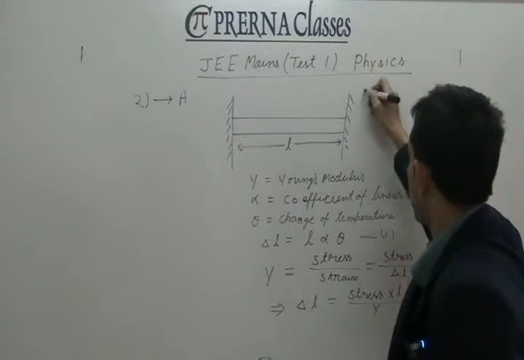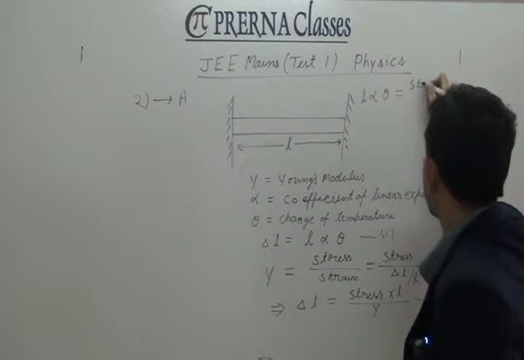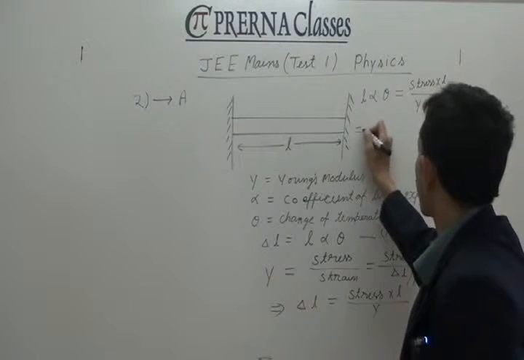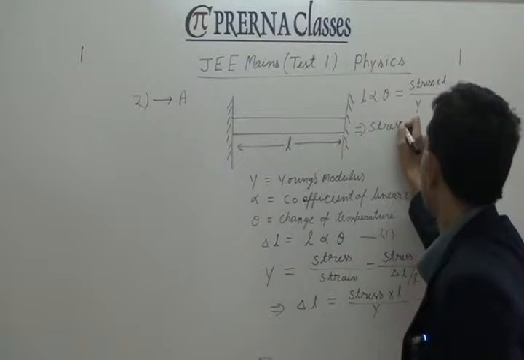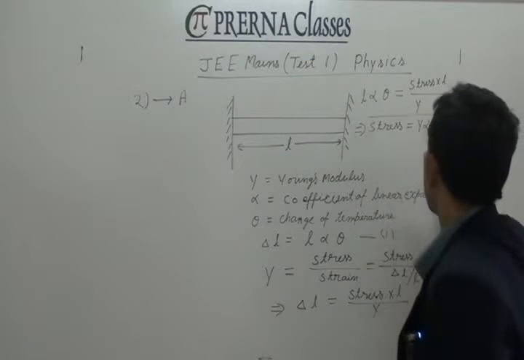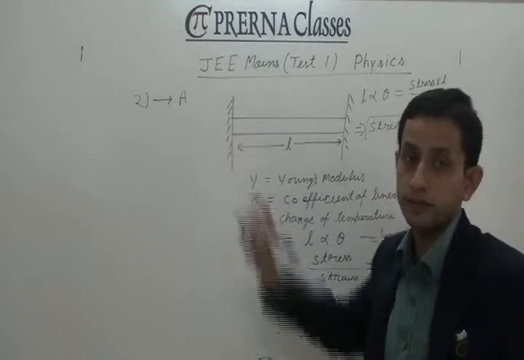So we are going to get L alpha theta equal to stress into L by Y. After solving it, we will get stress equal to Y alpha theta. So our answer will be Y alpha theta, and that is option A.